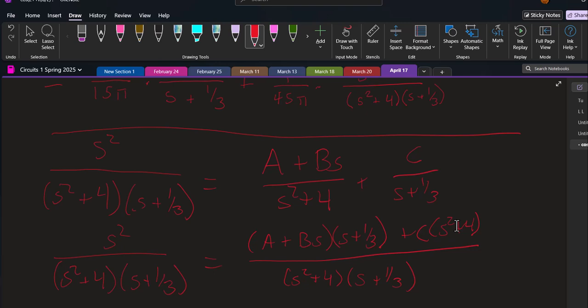So I multiplied the first fraction by s plus 1/3 over s plus 1/3, and I multiplied the second fraction by s squared plus 4 over s squared plus 4. And then I had common denominators, so I could put them together.